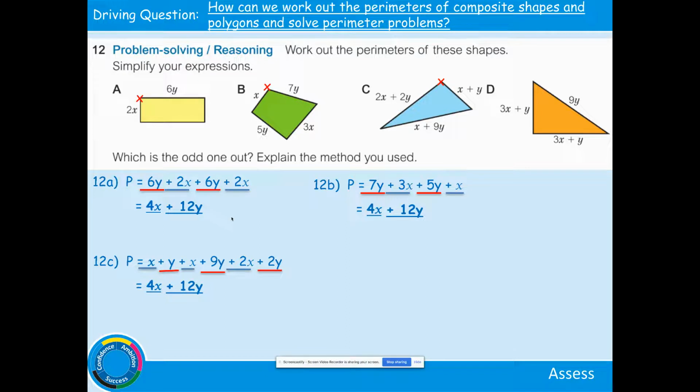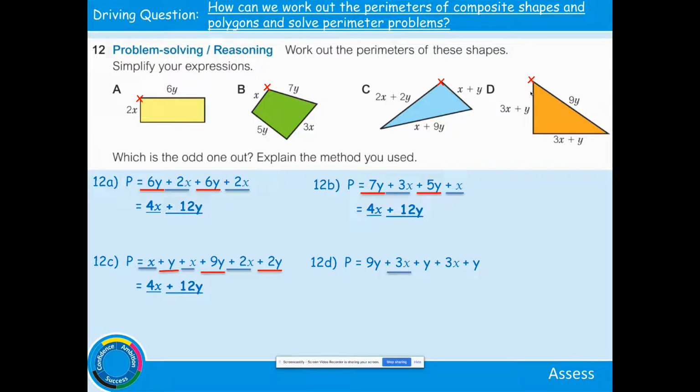I'm going to look at D. There's my start point. So if I go around my shape, always go in the same direction, you get into the habit and then you know what you're doing each time you do it. I've got 9y, add 3x plus y, add 3x plus y. Okay, so 9y plus 3x plus y plus 3x plus y.